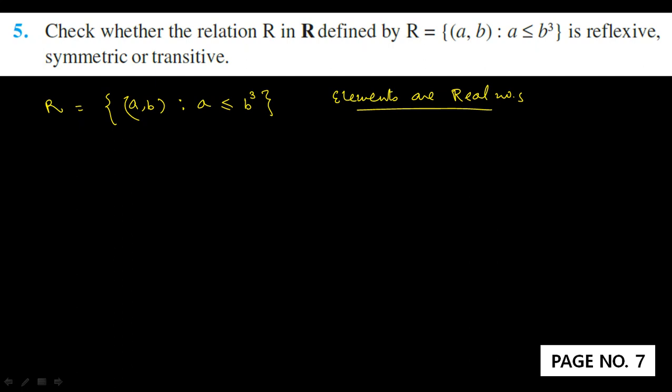Is it reflexive, symmetric or transitive? We have to check whether these values are reflexive, symmetric or transitive. Okay. What about the first one? Condition is we have to check whether this relation is reflexive or not.